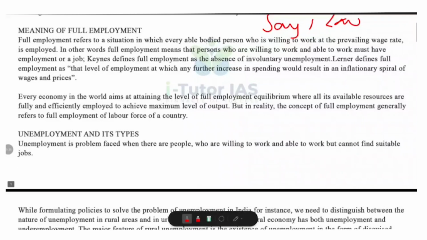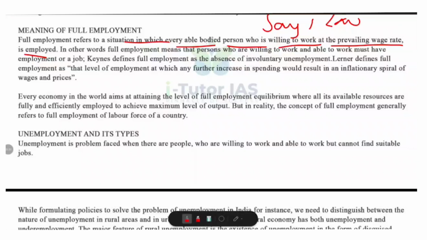What does that mean? Full employment refers to a situation where every person who is able and willing to work at the prevailing wage rate gets a job. In simple words, it means that there is no involuntary unemployment in the economy.